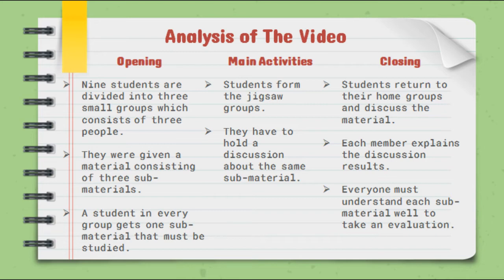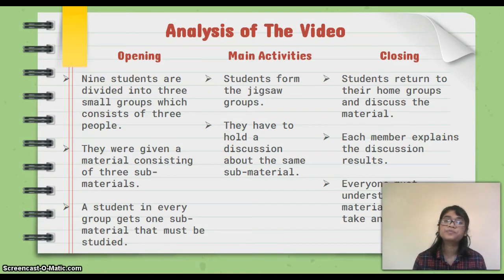For the closing activities, the members of the jigsaw groups return to their home groups and discuss the entire content of the material. Each member explains the discussion result from the jigsaw group before. And everyone must understand each submaterial because it will be evaluated by the teacher.